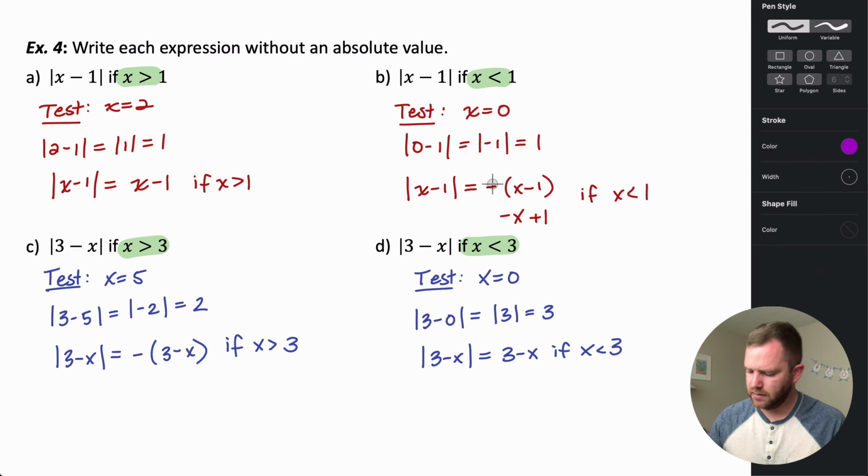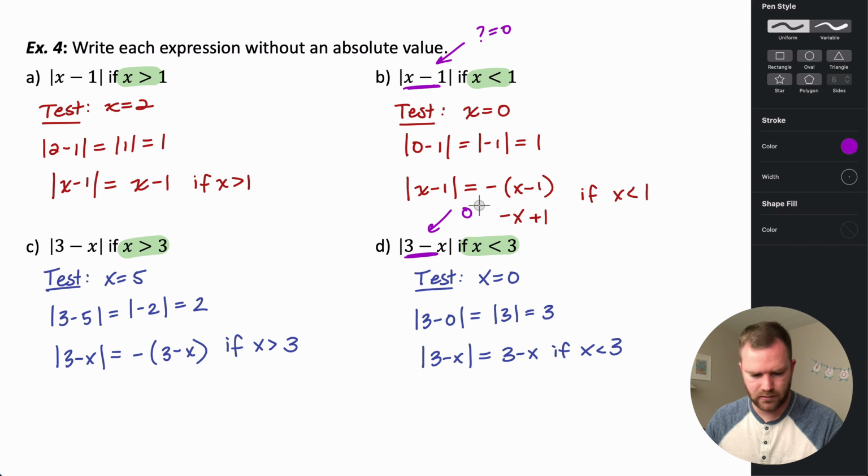Not quite. The way that we get these conditions for my argument is by looking at the argument, what's inside the absolute value, and asking ourselves, what makes this 0? If you can see in x minus 1, if I plug in 1, 1 minus 1 is 0. Same thing here, right? If I plug in 3, 3 minus 3 is 0.